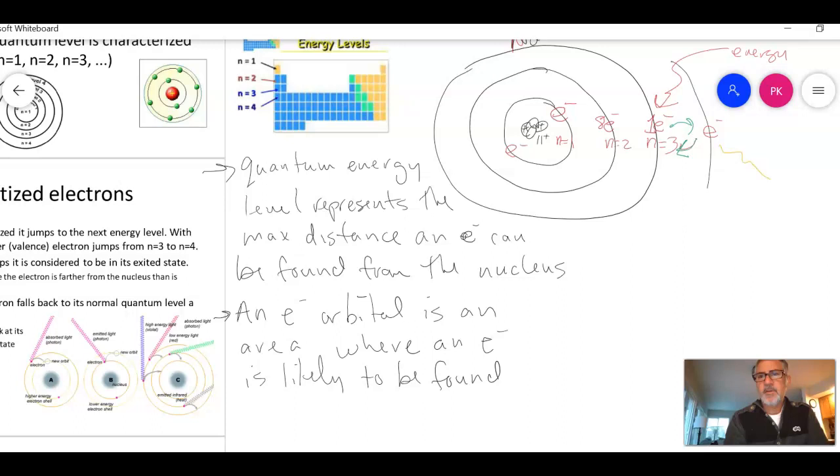When it does, it will release a photon. And a photon is a packet of light energy. So it'll release a photon, and the packet of light energy will have exactly the amount of energy that it used to create that jump.